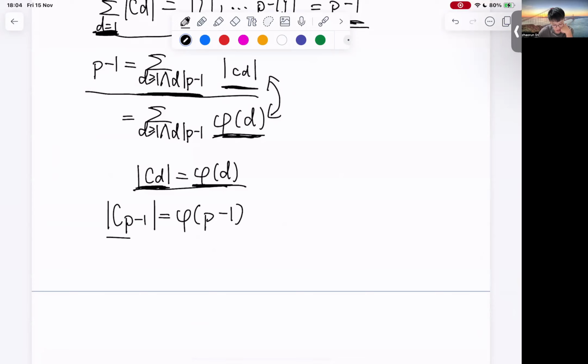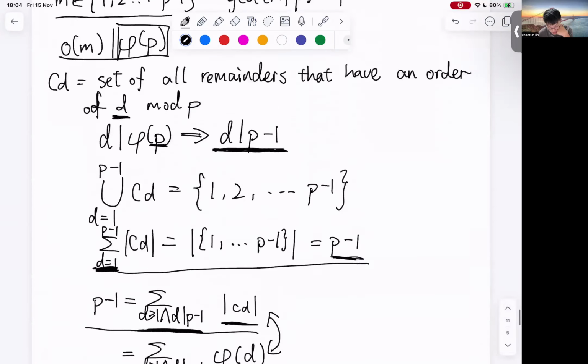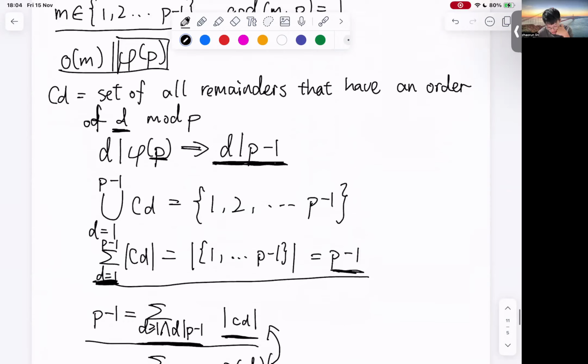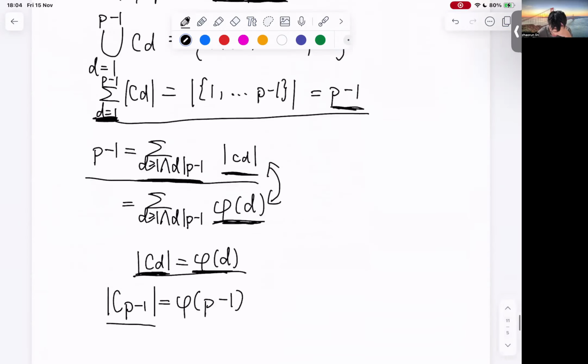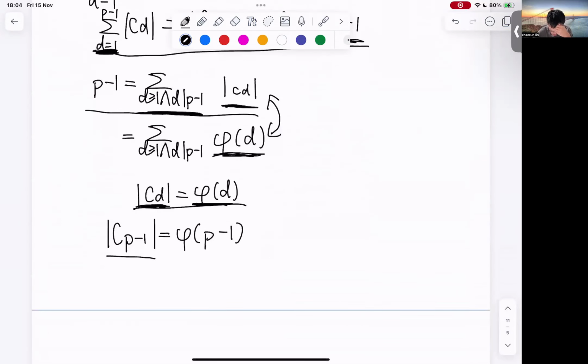So the set of all remainders that have an order of p minus 1 modulo p has size phi(p minus 1). And this should be larger than or equal to 1, because we have at least one element that is coprime to p minus 1, which is 1.